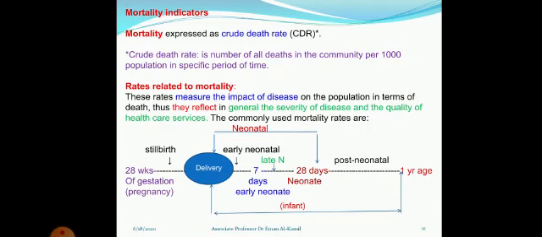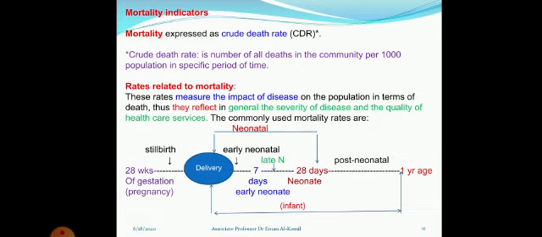Then after delivery, up to the age of 1 year, it is the period of infancy. Any death during this period, during the first year of life, is called the infant mortality rate.